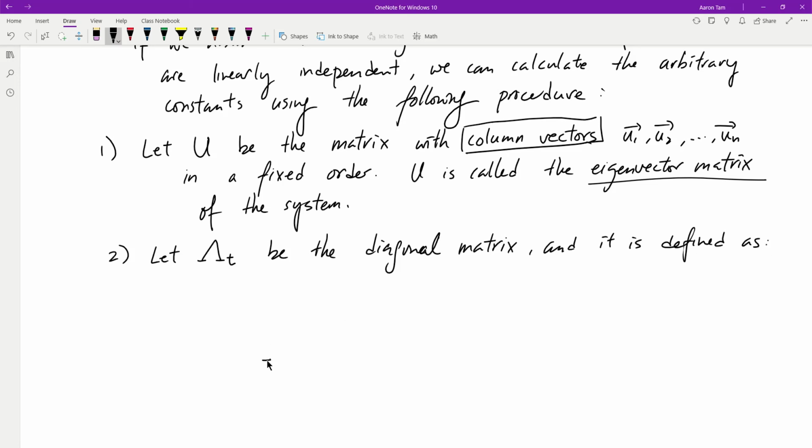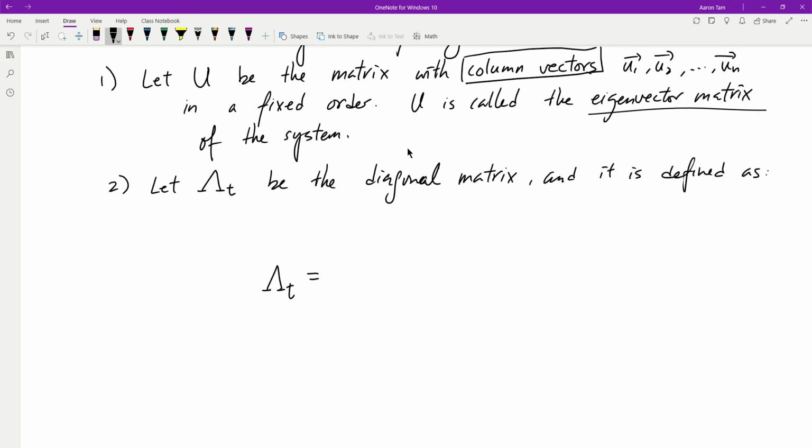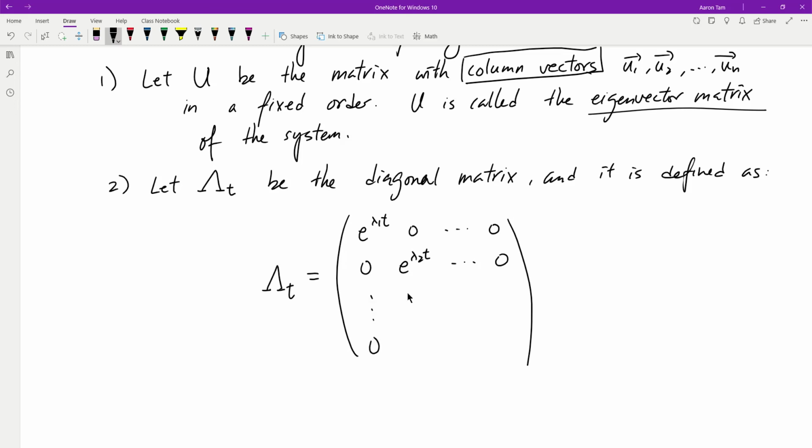In this lambda sub t matrix, the t is basically the variable t. What do we mean by a diagonal matrix? A diagonal matrix is a matrix that has 0 everywhere except along the main diagonal. So the main diagonal will be e^(lambda 1 t), 0, to 0, 0, e^(lambda 2 t), to 0. So this pattern goes on.